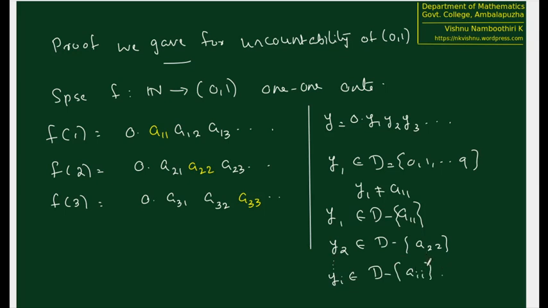Now the problem that comes because of the non-uniqueness of the decimal representation of a real number is the following. Suppose that the number y is equal to 0.4999..., we don't know what we exactly constructed. We constructed it by randomly choosing y1, y2, etc. from D, but yi is not equal to aii. That's the only condition.